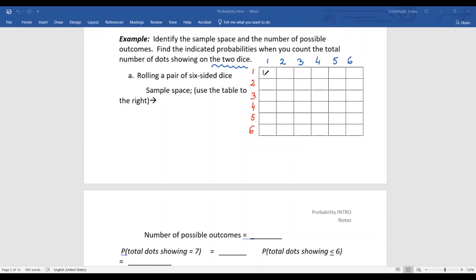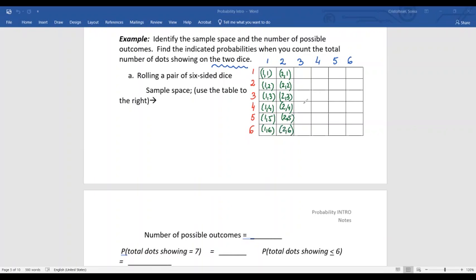So I will say this is 1, 1, and then 1, 2, 1, 3, 1, 4, 1, 5, 1, 6, and so on. Moving on to 2, I will fill in this. You can do it vertically, horizontally, but these are all possible outcomes of this situation.